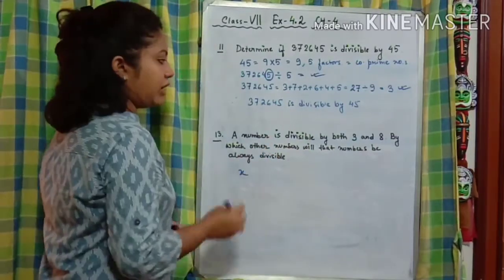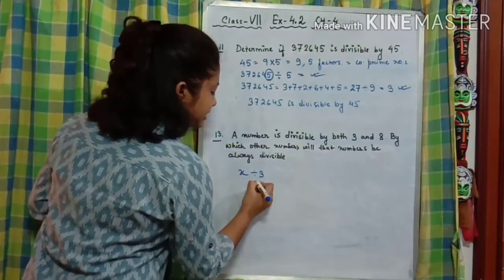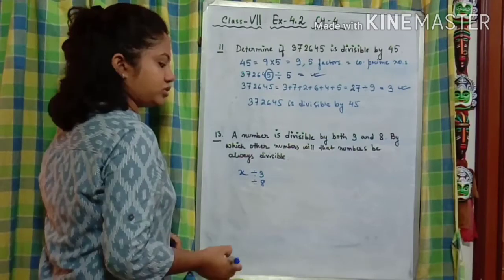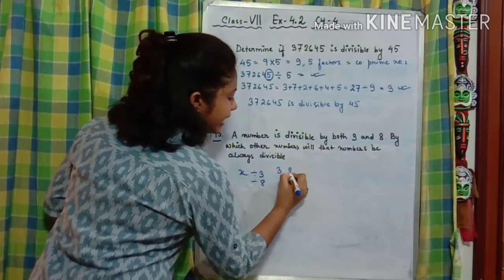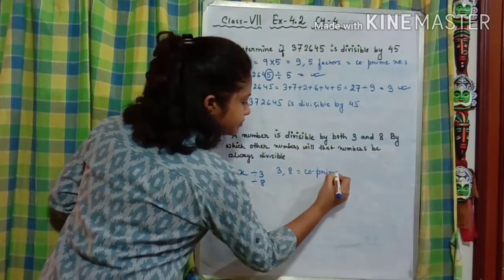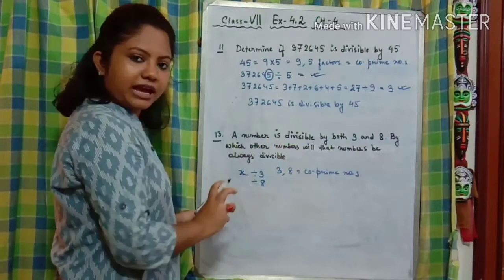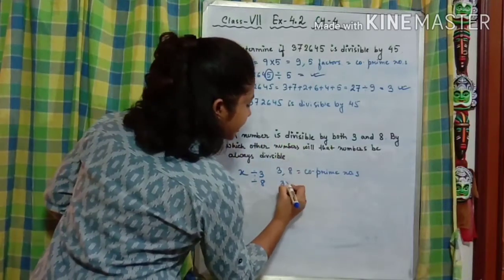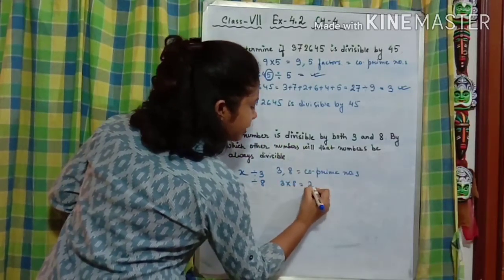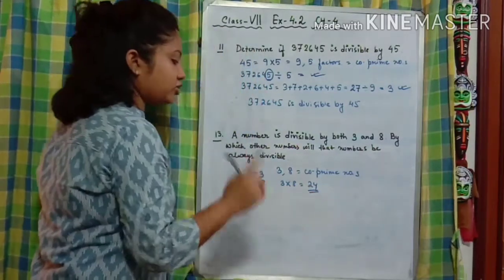This number is divisible by 3 and also by 8. Here 3 and 8 are both co-prime numbers. If we multiply 3 into 8, we get 24. Now we have to find the factors of 24.